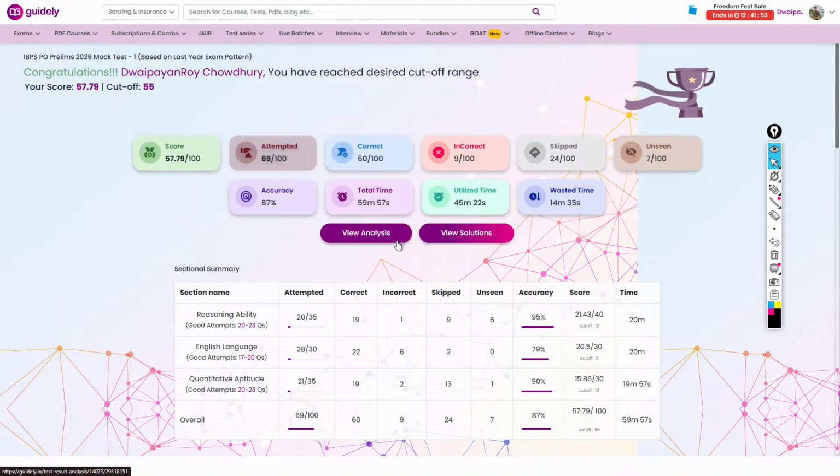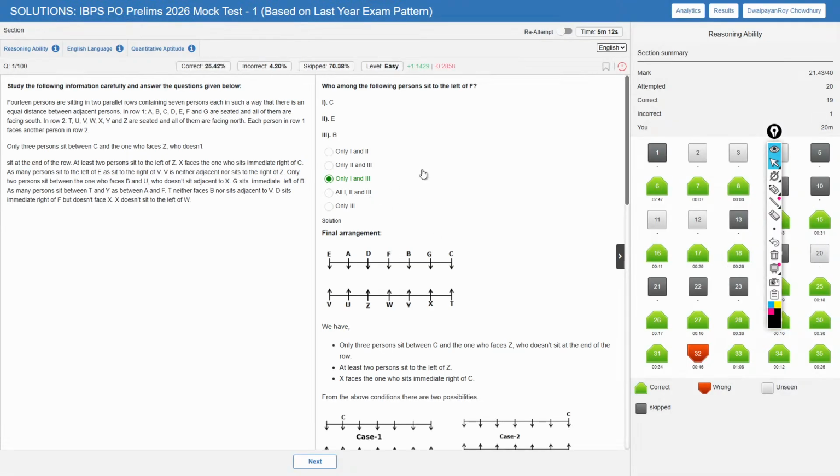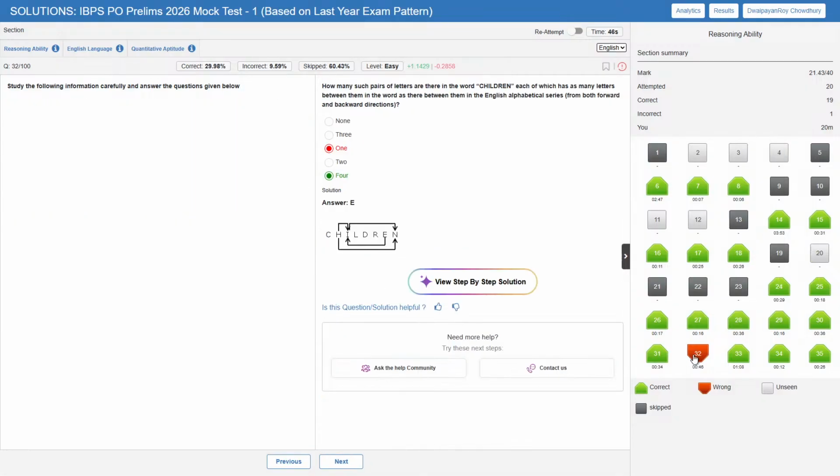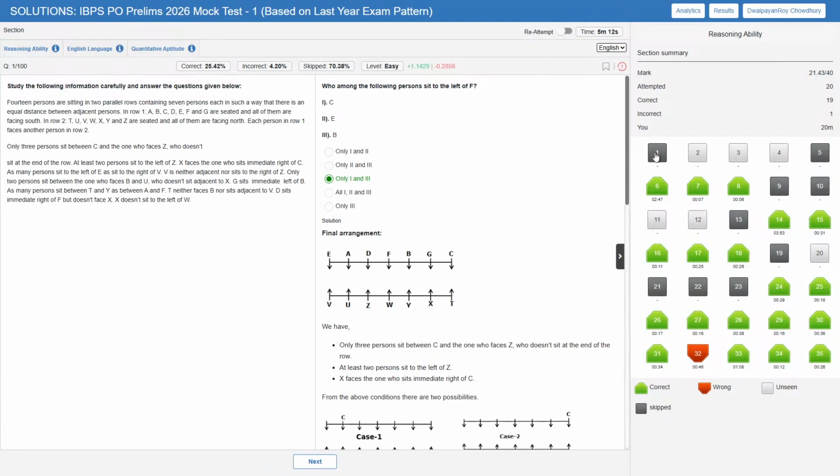So I'll just view the solution once. I don't know what I did. Like I got only one, which is horrible, right? Okay. Rest I don't know.